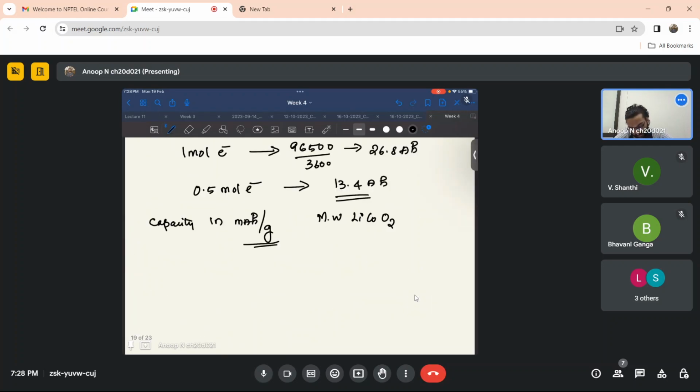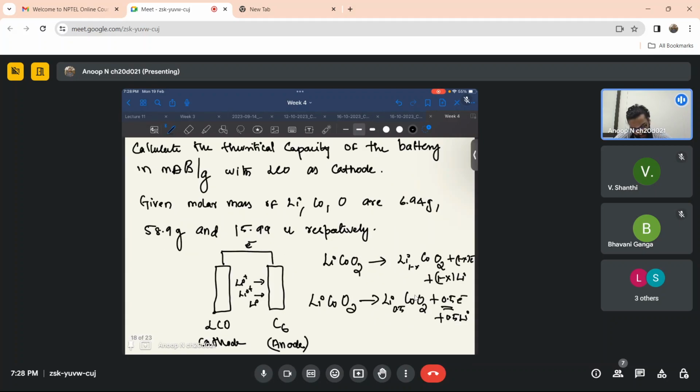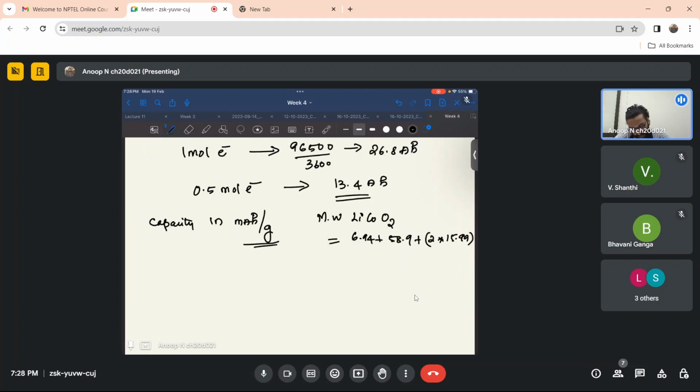So 6.94 plus 58.9 plus 2 into 15.99, so this value will be equal to 97.8 units. So how will I calculate milliampere hour per gram? 13.4 divided by 97.8. So the capacity will be coming how much?